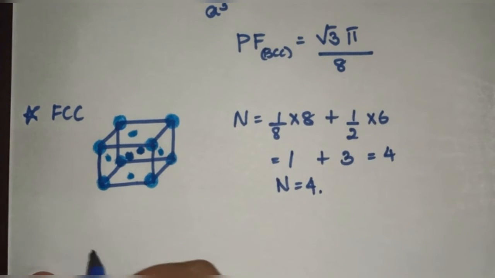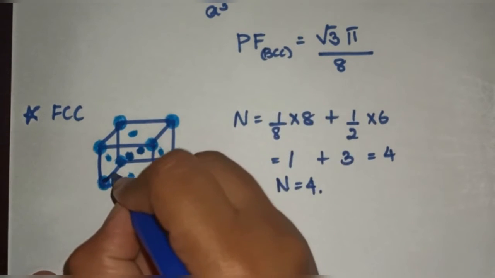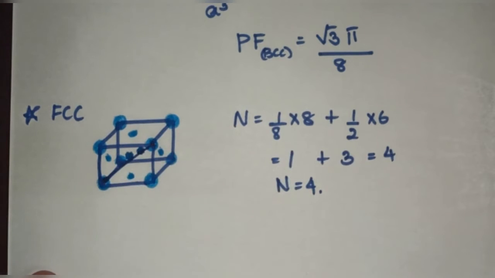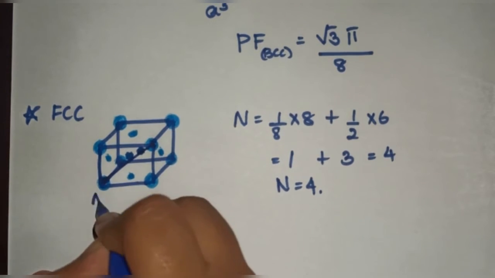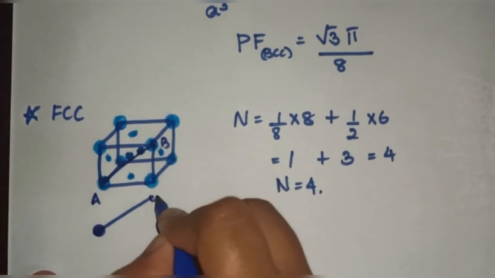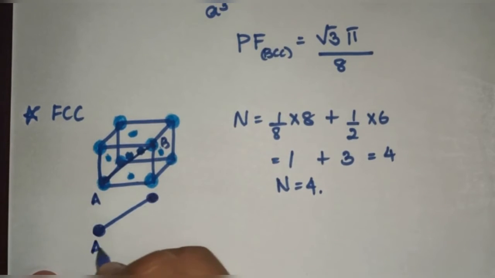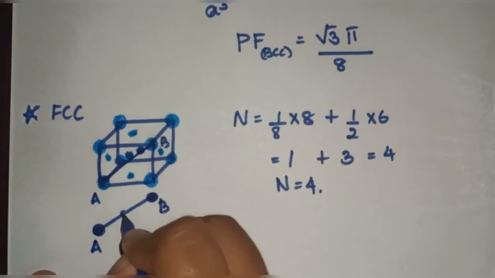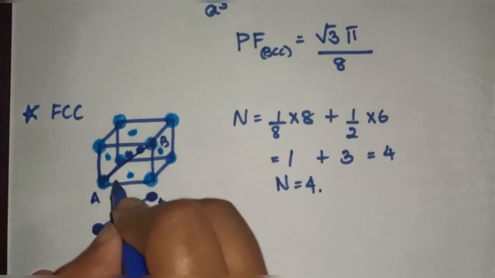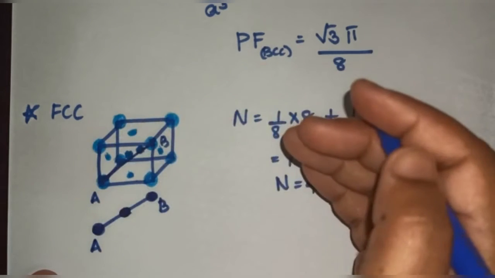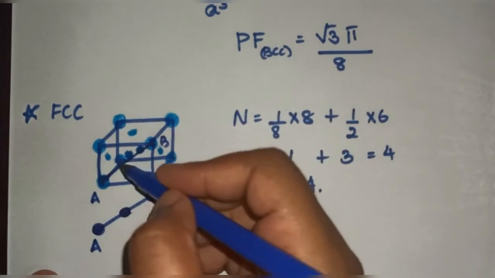Now here for R, let's take the diagonal. This is just 2D where you get A, B. This will be A, this will be B, and this is the front face, the atom which will be in the face of this cube which is in the front.